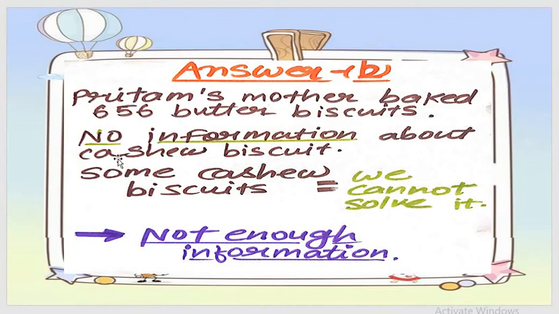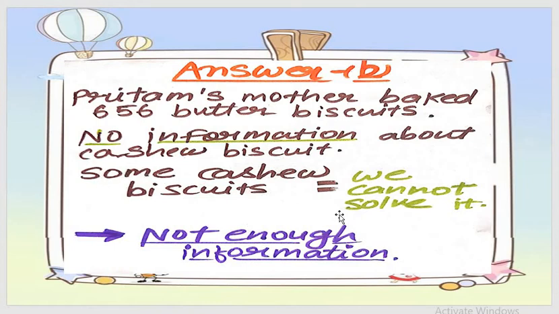Understood my points, all students? Here there is no information about the cashew biscuits, and 'some cashew biscuits' means what? So we cannot solve it. Here no number or digit is given.